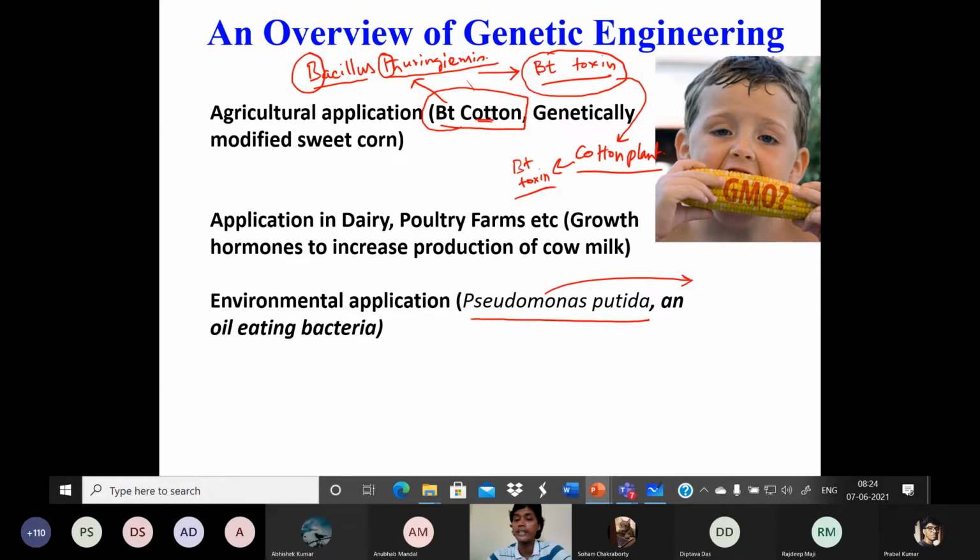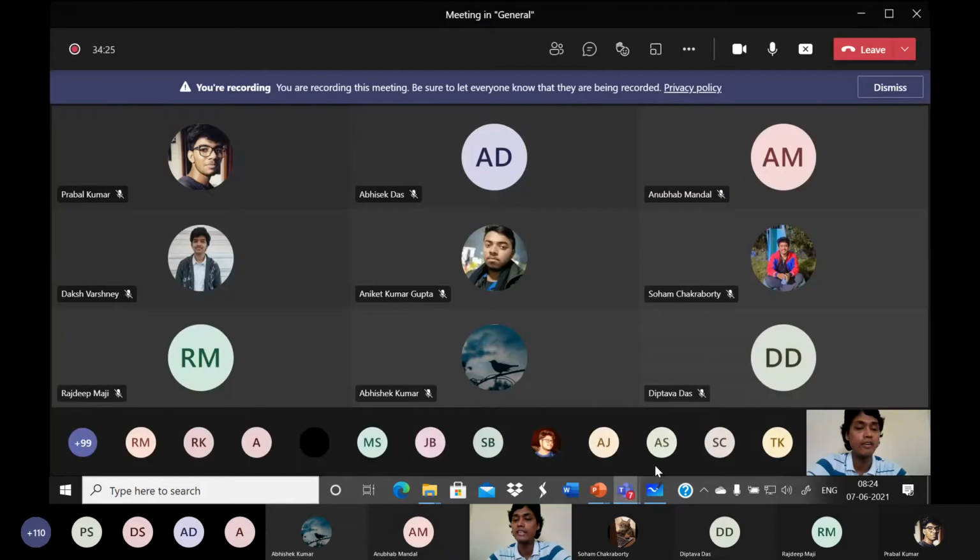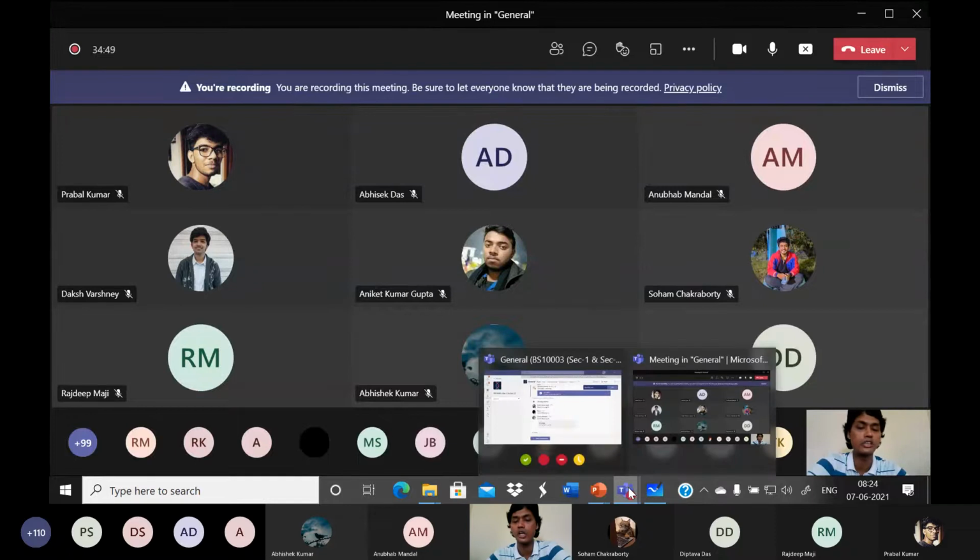And when he was working with this oil-eating bacteria, at that time, he was working in GE. Like GE company, right? So he was in GE, and later on, I forget actually what he did, but during that time, like almost a long time back, he actually contributed a lot in understanding and developing this oil-eating bacteria.